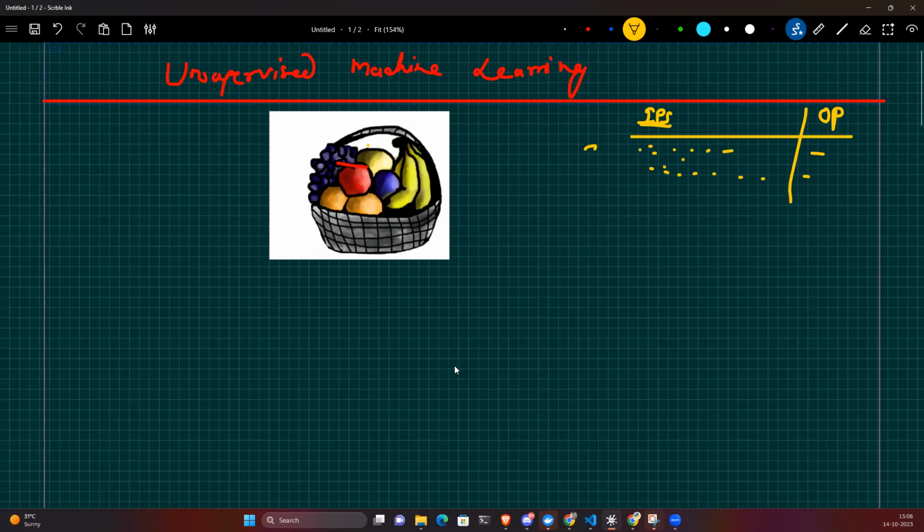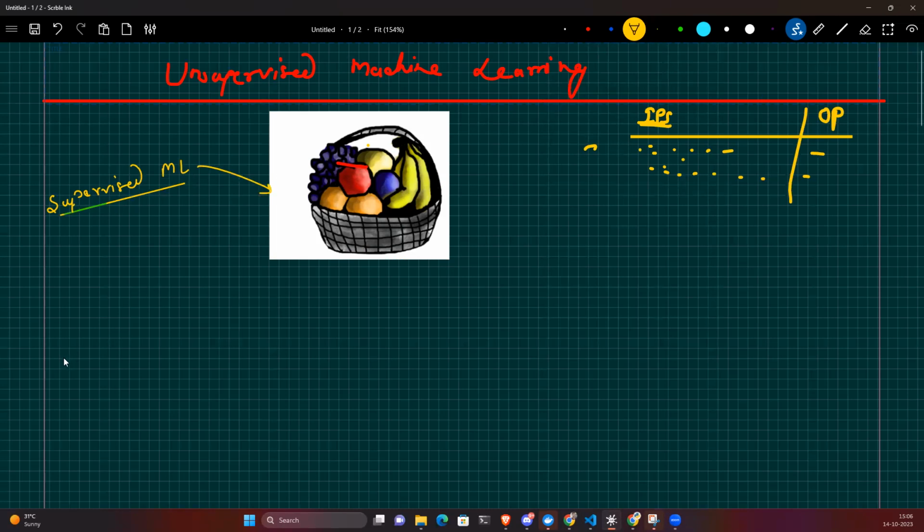After that, the machine is provided a new set of examples or data, so that the supervised learning algorithm analyzes the training data and produces the output. This is called supervised machine learning.